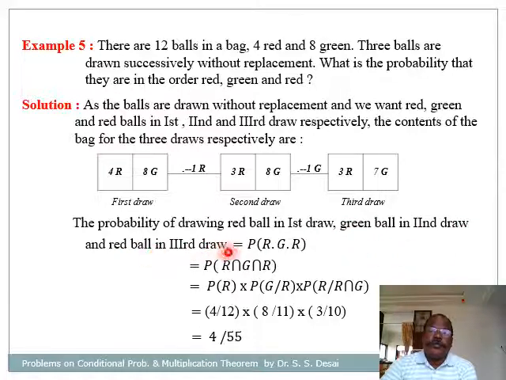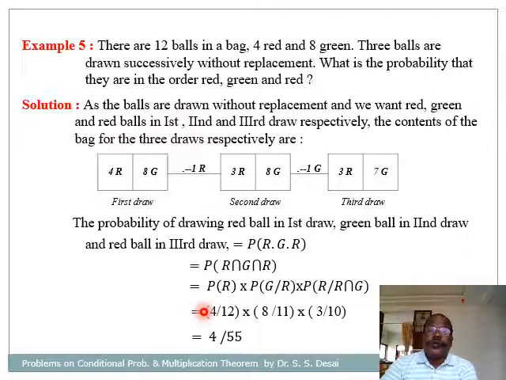Therefore, the probability of drawing a red ball in the first draw, a green ball in the second draw, and a red ball in the third draw is equal to probability of R intersection G intersection R. That is equal to the probability of getting a red ball in the first draw into the probability of getting a green ball in the second draw when a red ball has been obtained in the first draw into the probability of getting a red ball in the third draw when a red ball has been obtained in the first draw and a green ball in the second draw.